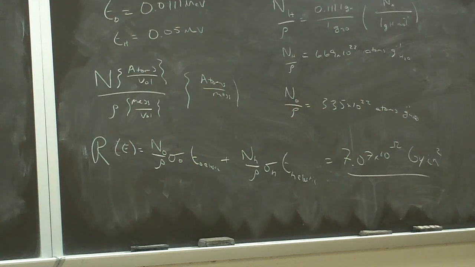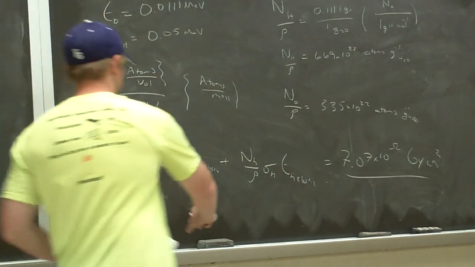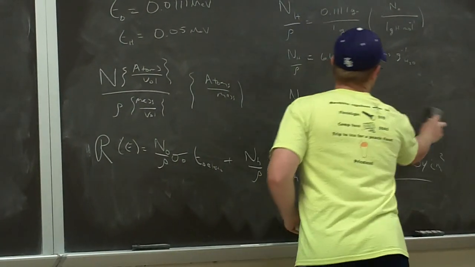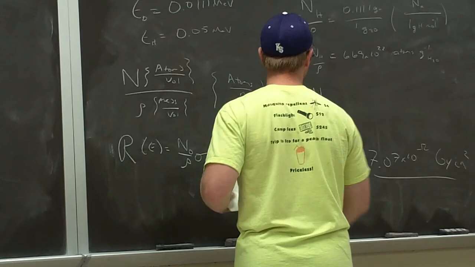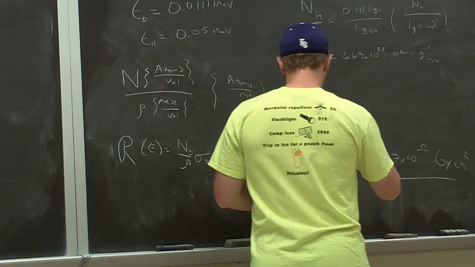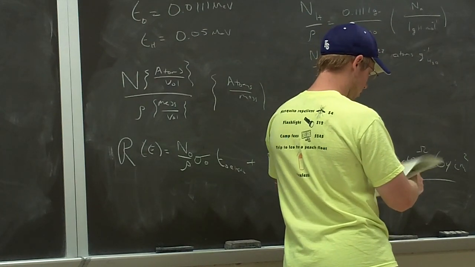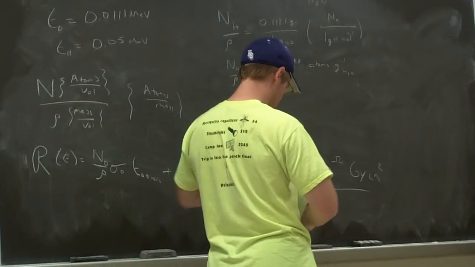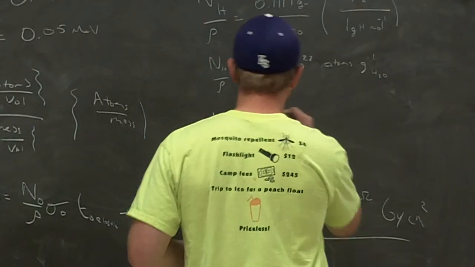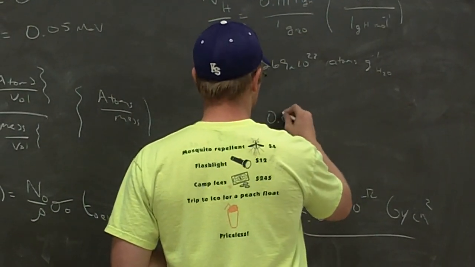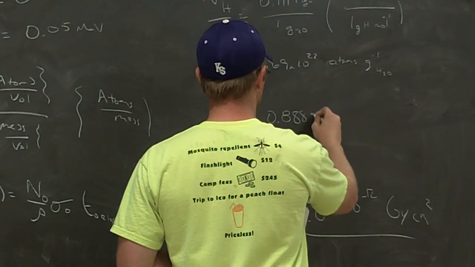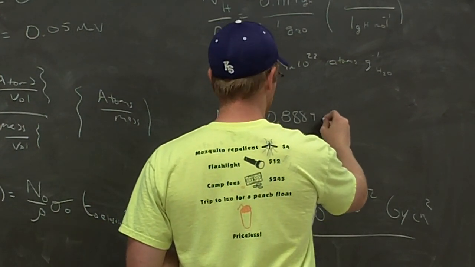Can you just walk through the N naught over rho calculation again? Yeah, I'll do that for oxygen. If something I do does not make sense, then let me know. So for this, it's 0.889, and that's just the 16 over 18?